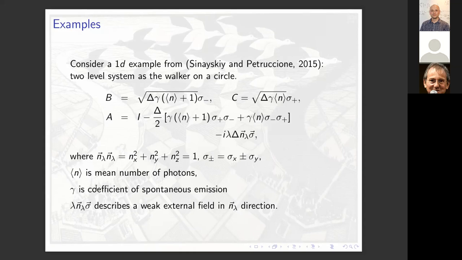This gamma over here, I think that's the coefficient of spontaneous emission. So again, that's a property having to do with, I think, the bath. And just some more definitions. This parameter here, which is found in the A, describes a weak external field in a particular direction.